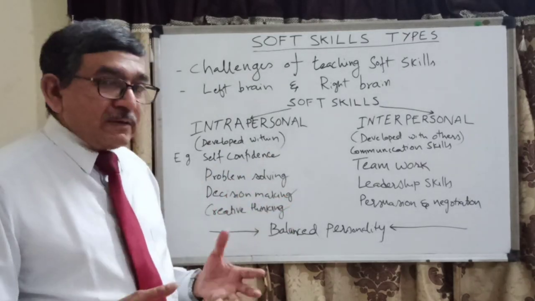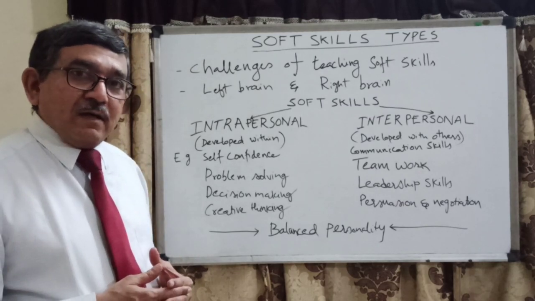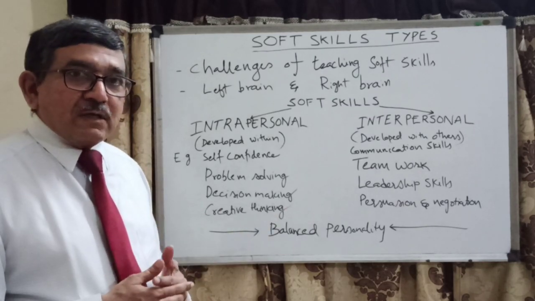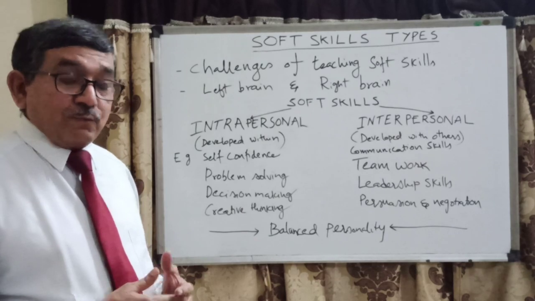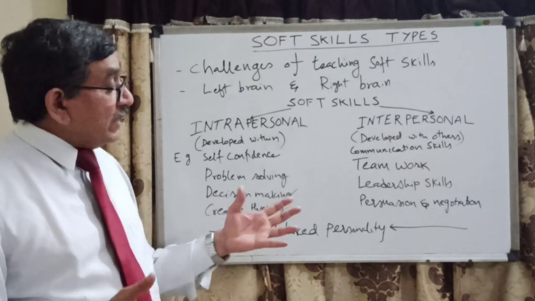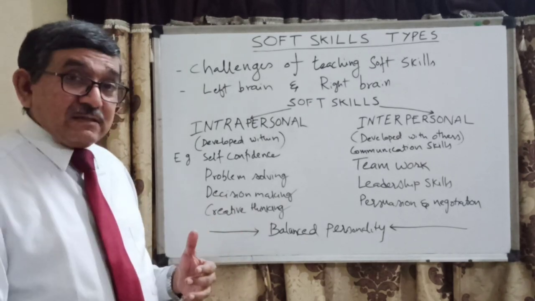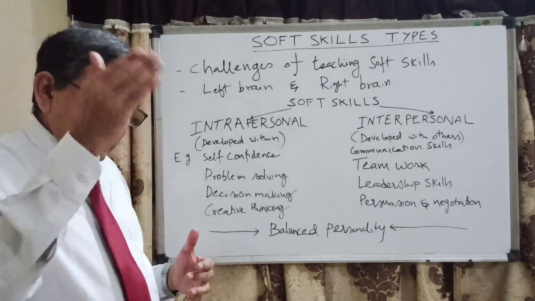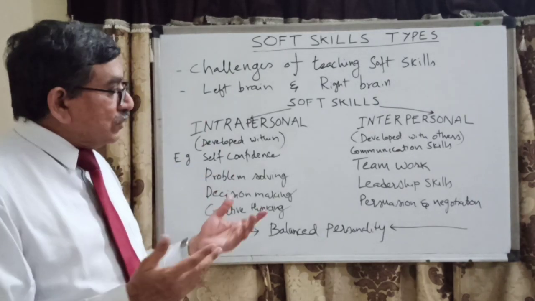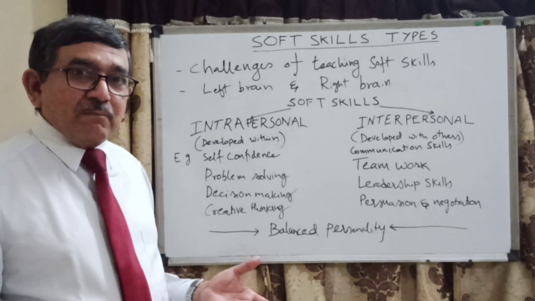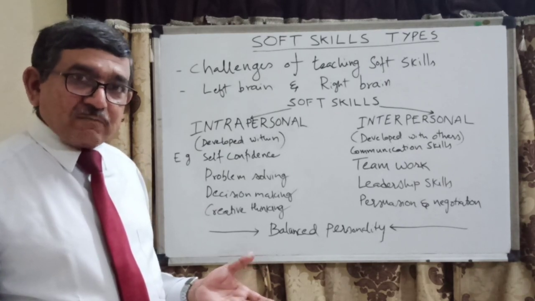Then leadership skills. There are many people in your team, and each one is having unique strengths and weaknesses. You need to identify the right strengths in a person for the right work, and you need to delegate the work based on the skills and the requirement.